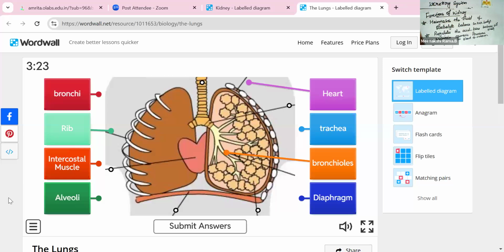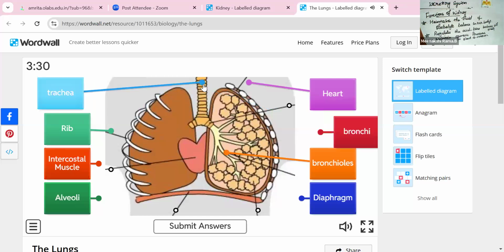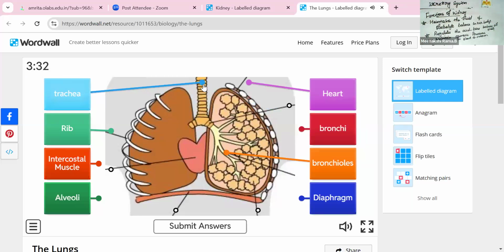Where is the trachea? I think this is the trachea part. Is this right or wrong? The center part of this organ is known as the trachea. Is this right?